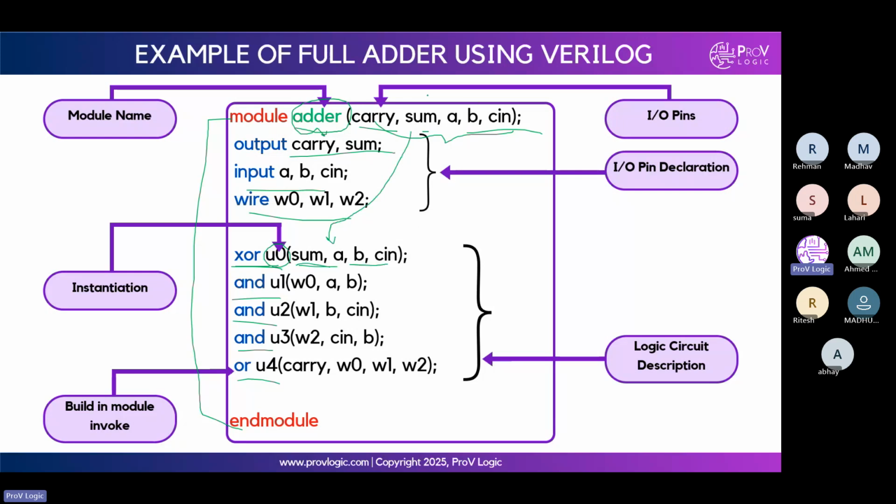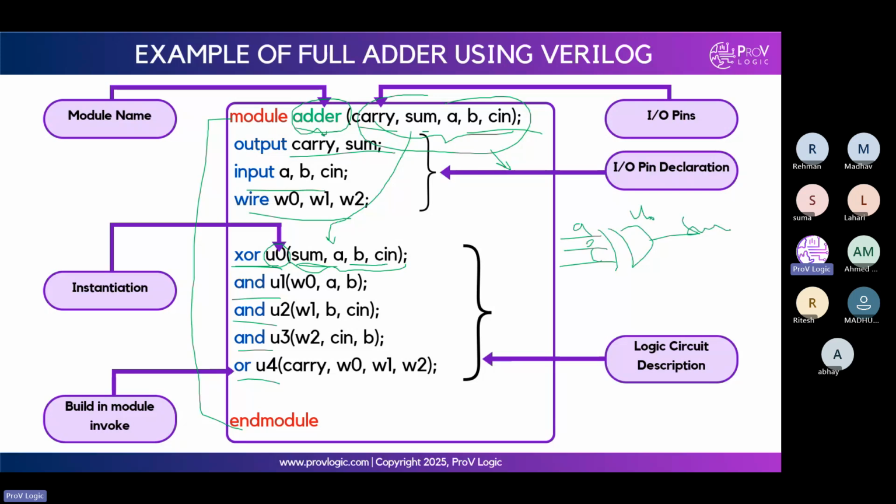Or else if you put inputs first, then outputs last, then also you need to put inputs first here and output last. That's your wish. We can use any format; both are correct. So XOR, sum output, A, B, C the inputs. It will generate one XOR gate like this: A, B, C, name of the XOR is U0, output is sum.